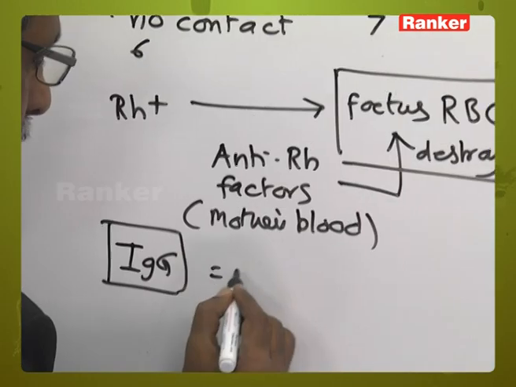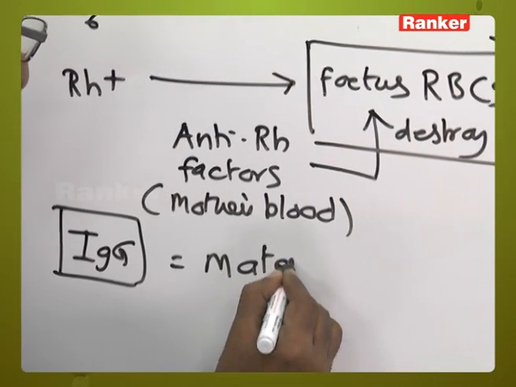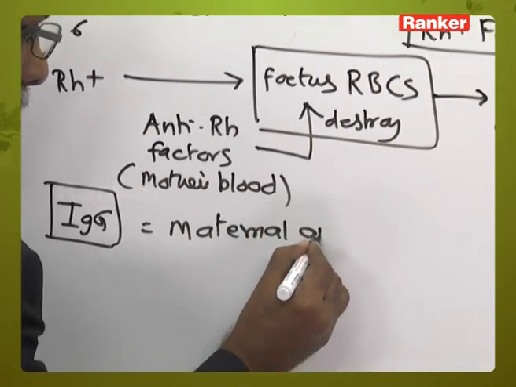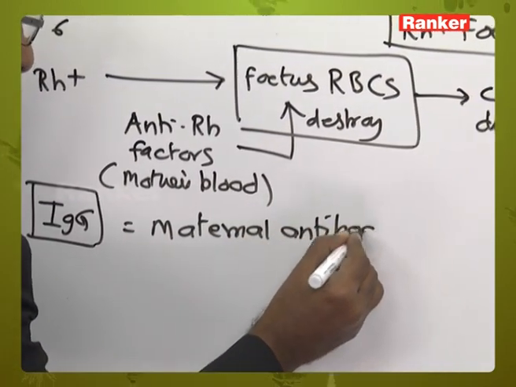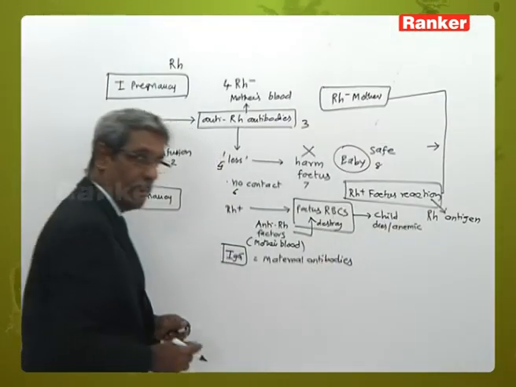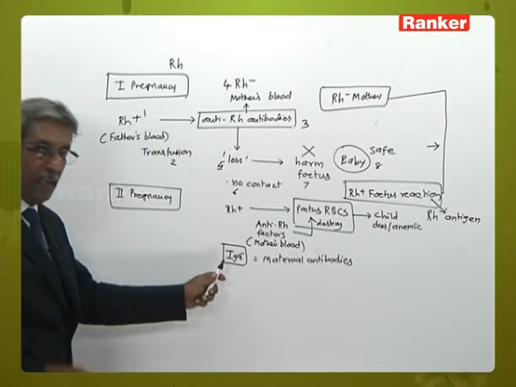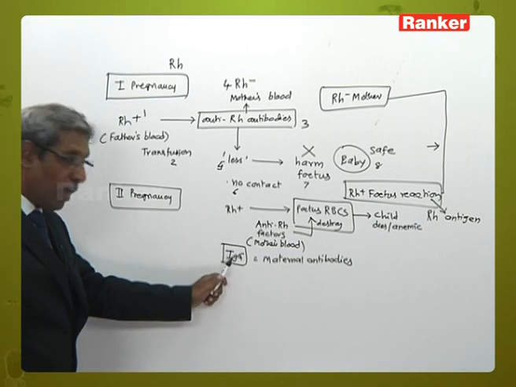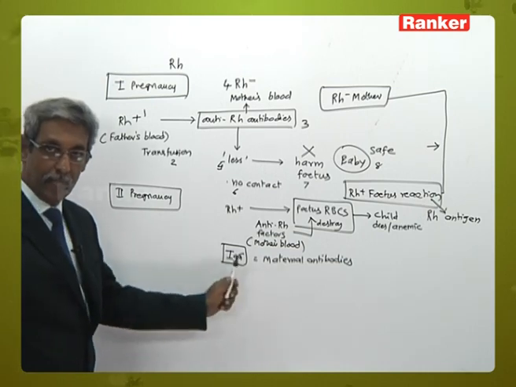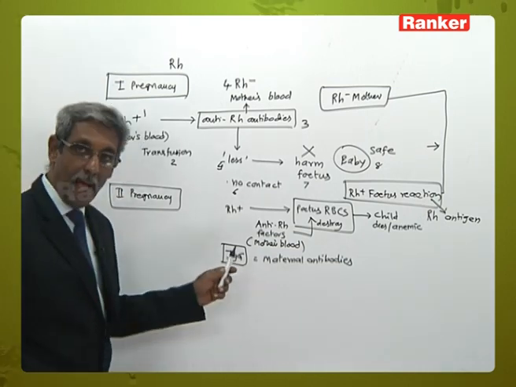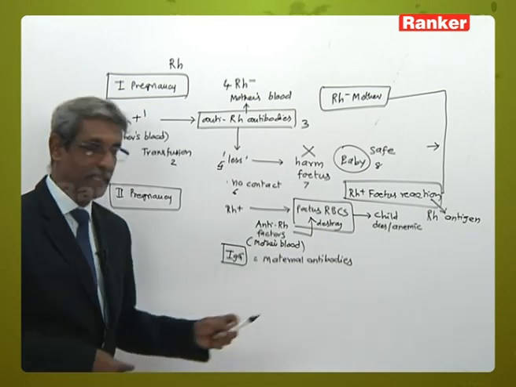IgG are the maternal antibodies. So, the maternal antibodies IgG cross the placenta. They cross the placenta and destroy the fetus RBCs.